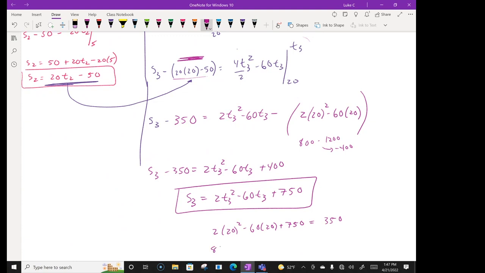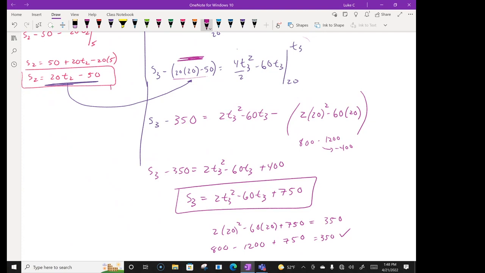Is that right? 350. Cool. That's a good check, right? Because this initial point should line up to this final point.